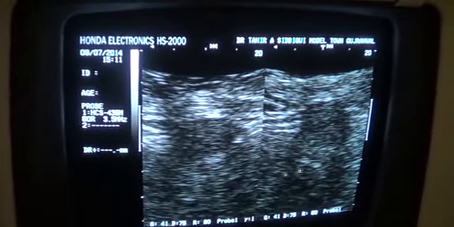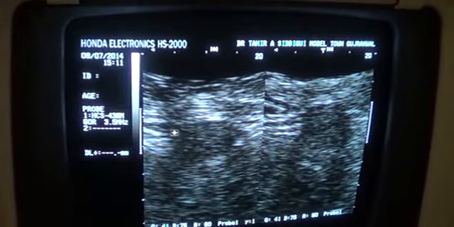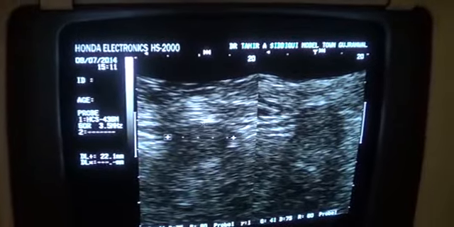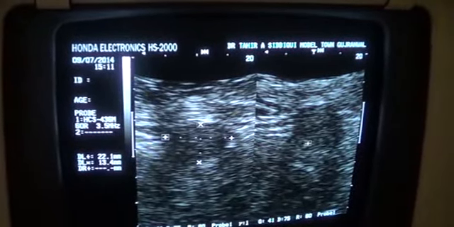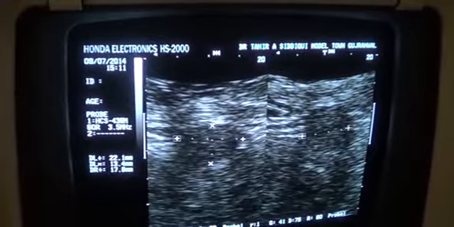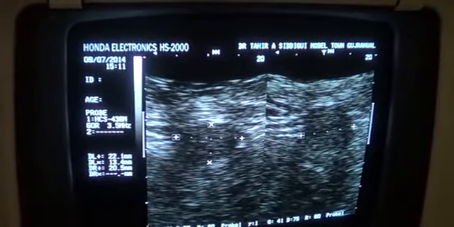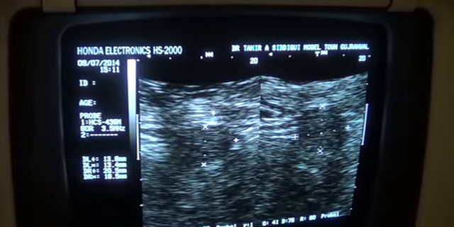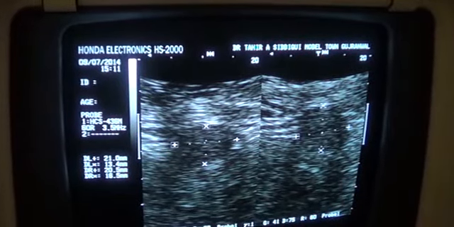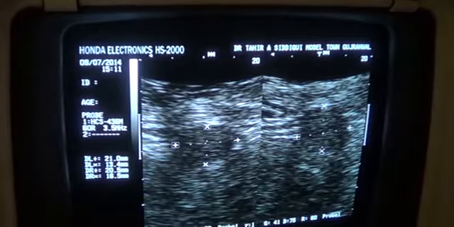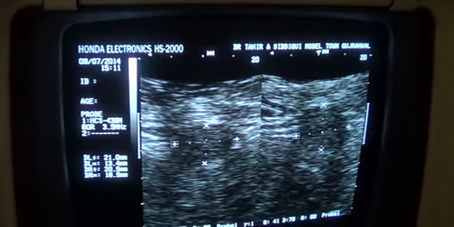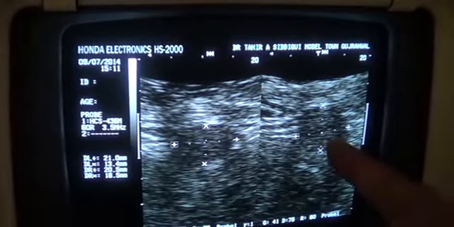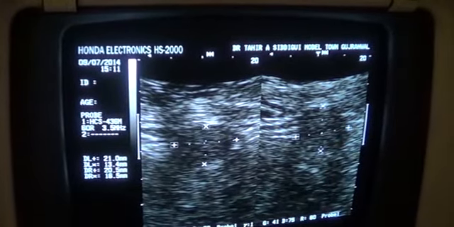You are seeing all mass, and this area is either a peritoneal mat or a lymph node, and you can see it's disrupting the peritoneal line, and these are the dimensions: 2.1 by 1.3 this one, and 2.0 by 1.6 the second one.